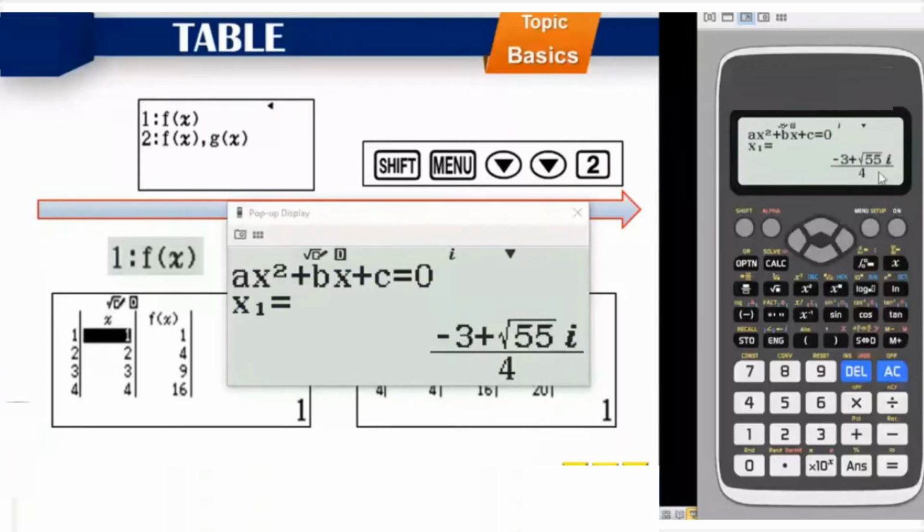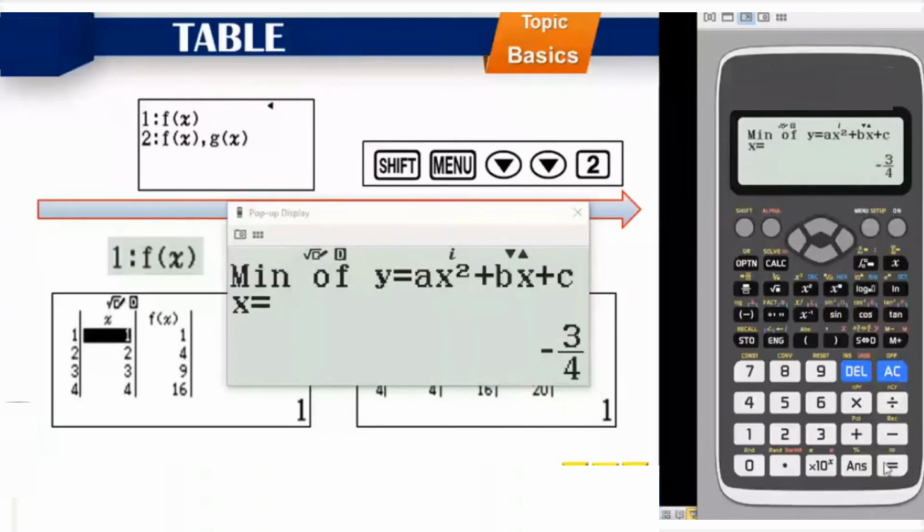The answer is in iota form, indicating that I have allowed complex answers. If I press equals to again, I will get the second root, which is also a complex root. If I press equals to again, I get x coordinate of turning point, and again, y coordinate of turning point.